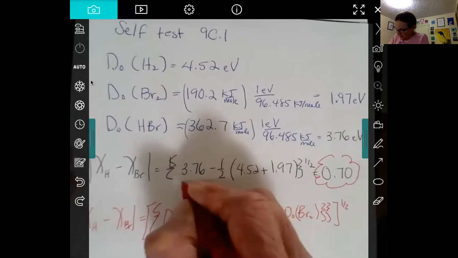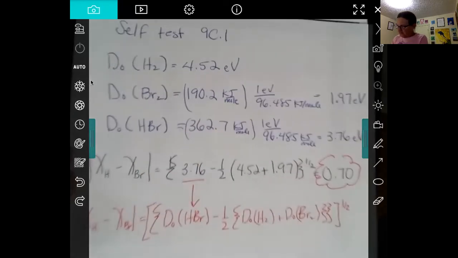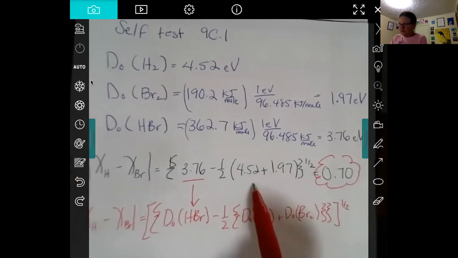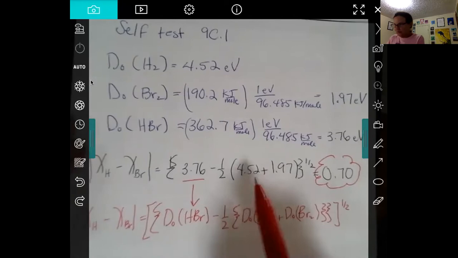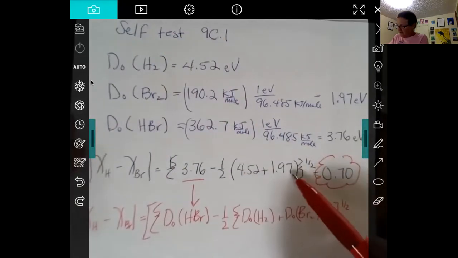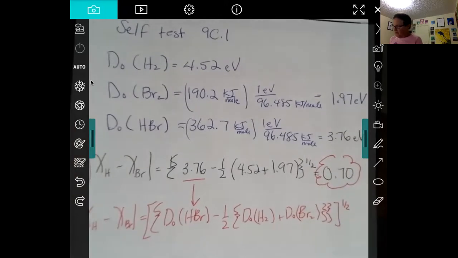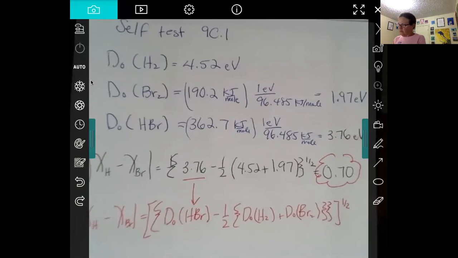We'll put in the bond dissociation energy in electron volts of HBr. This is H2, which just came from the brief illustration right before this. And then this is for Br2. When you plug those in, I got 0.70. So that matches what that diagram would show us.